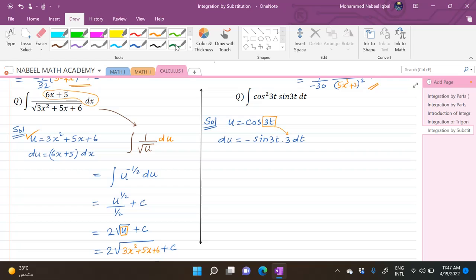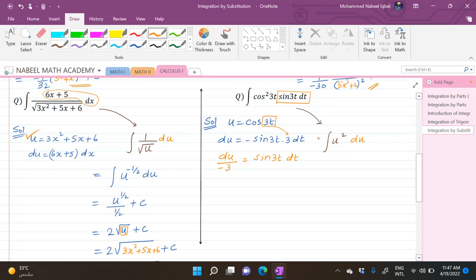So what do I need here? I need only sine 3t dt. I don't want the minus 3, so I will bring it to the other side. So du over minus 3 can be written as sine 3t dt. Now the integral is written in terms of u: cosine square is nothing but u square, and sine 3t dt is nothing but du over minus 3.